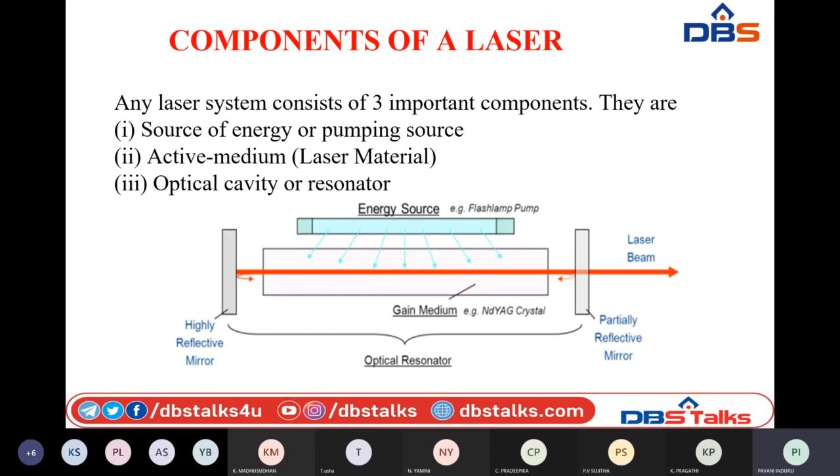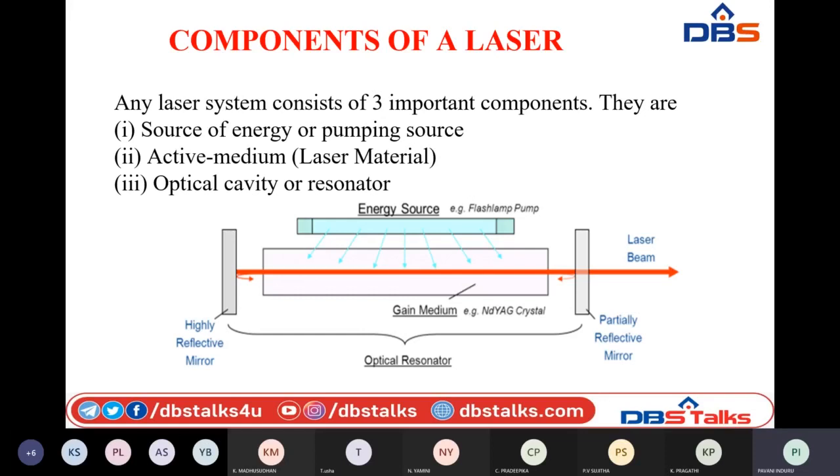The light falling on this completely reflective material will just reflect back in the opposite direction. That is how the optical cavity or resonator is constructed.